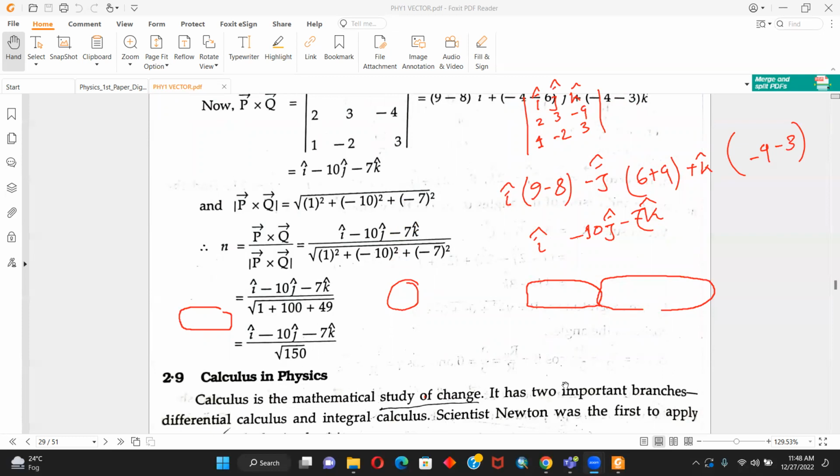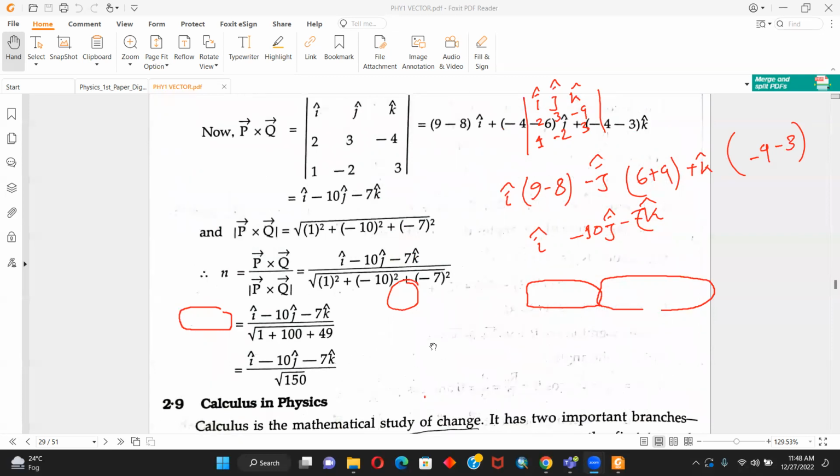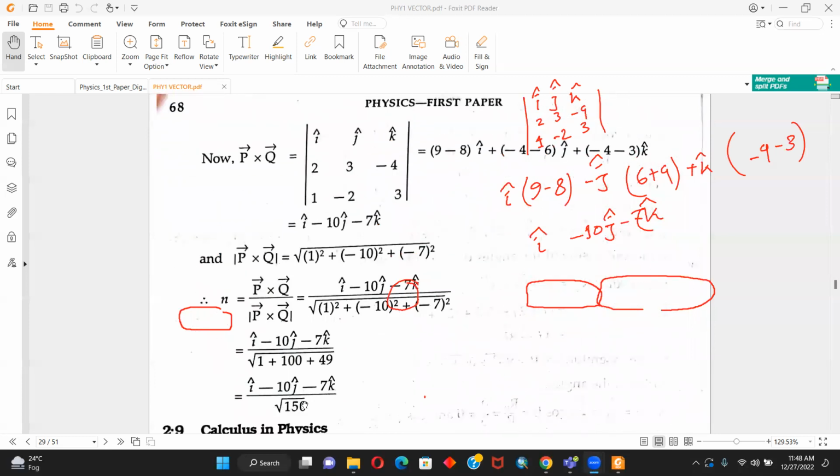You leave it like that. What is the significance of unit vectors? The absolute value of it has to be 1. Let us calculate the magnitude of this vector.